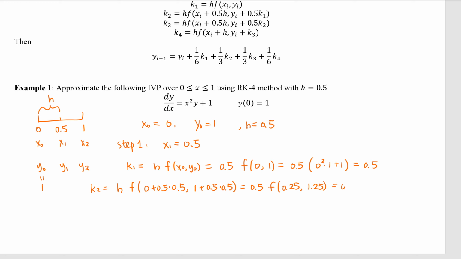Okay, so we plug in 0.5, and then x is 0.25 squared times y is 1.25, plus 1. And what is this number?